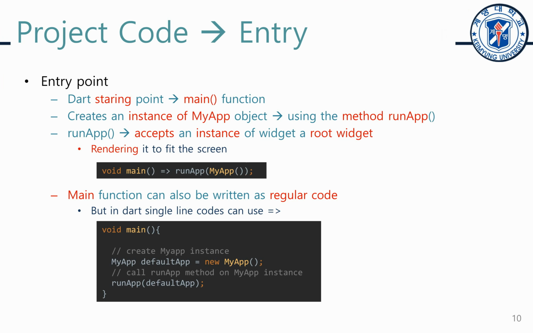But you can change the main function like the regular function that we know of. You can say void main, my app default app equals new my app, and then you can call run app on default app. So you just created an instance of that class, and then you just use it.